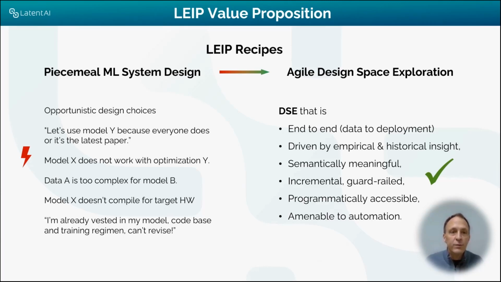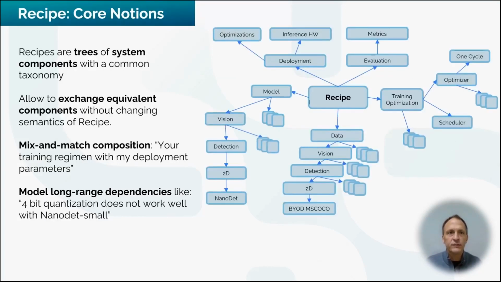This design exploration of alternatives is driven by empirical data across the pipeline and your project history, and, importantly, it is amenable to automation. I'll show a couple of really cool things there in a minute. So just what are recipes?